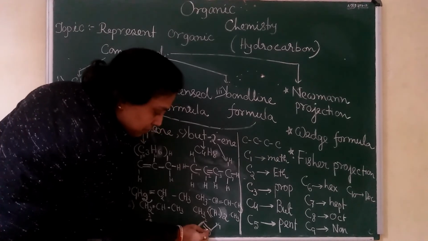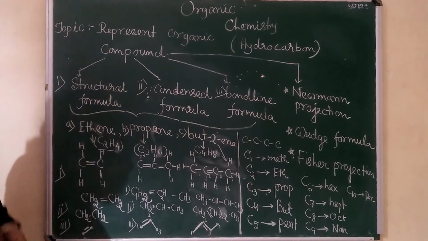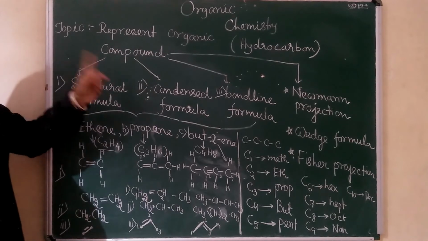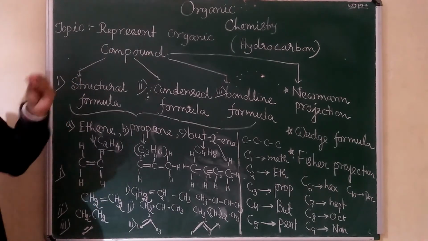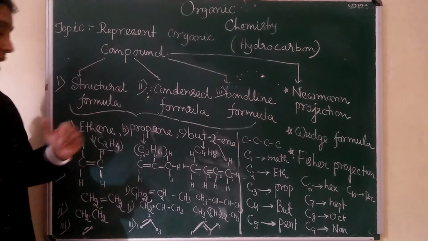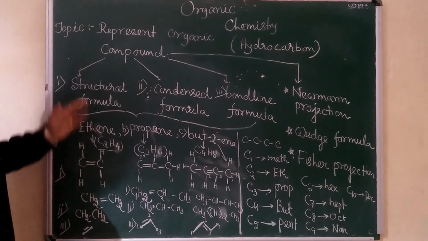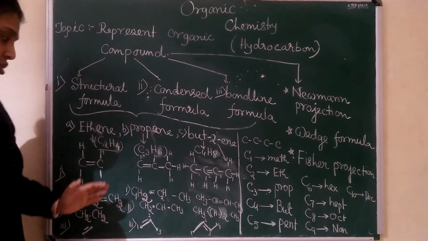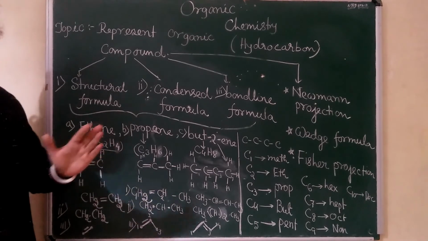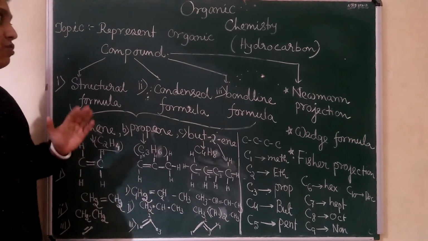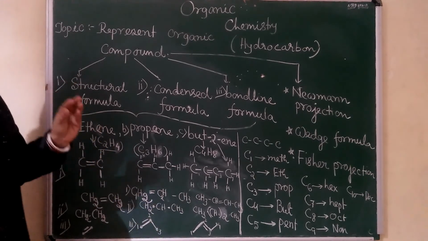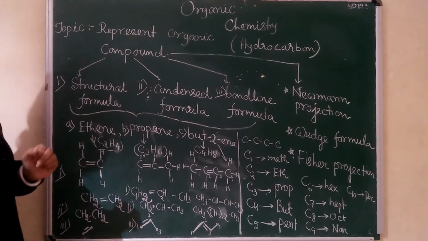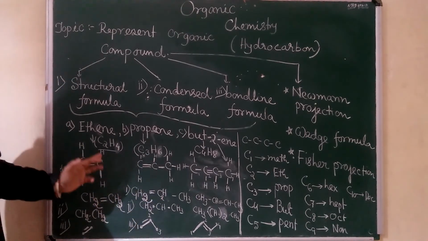So we are done. This way we are representing the organic compounds which you have already studied in 10th, and now the way of representation is changed, so you have to learn it in 11th standard. This is a very small topic but a very important topic for 11th standard which I have discussed.